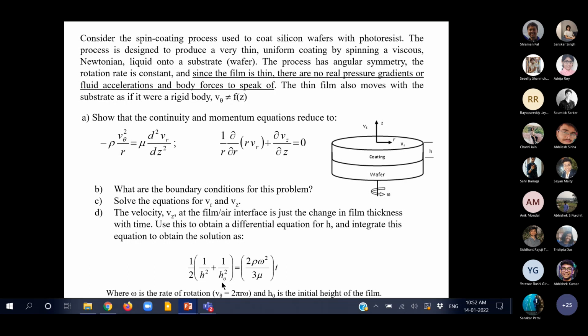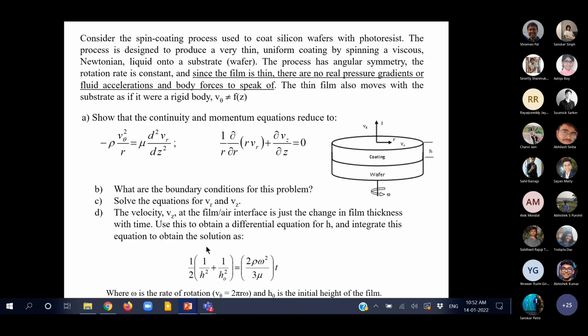H naught is what you have at the beginning. Omega is the rotational speed. Rho and mu are thermophysical properties. So this kind of a relation, I mean, you would like to know, such that as a practicing engineer you can tell that in order to obtain some desired constant thickness of the photoresist, you need to rotate it at this angular velocity for this much amount of time.